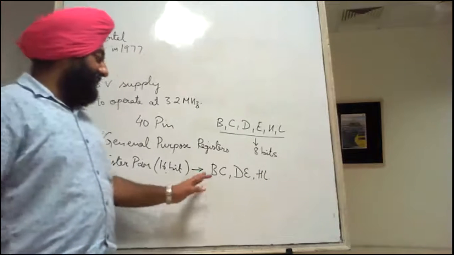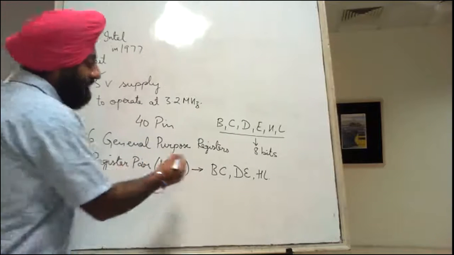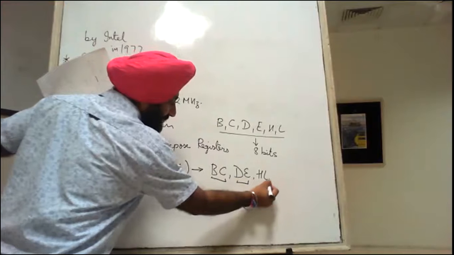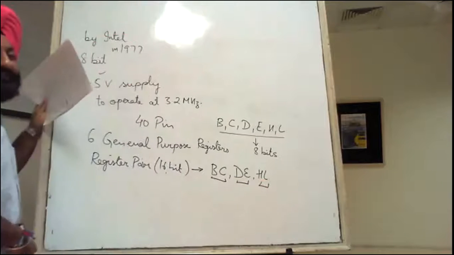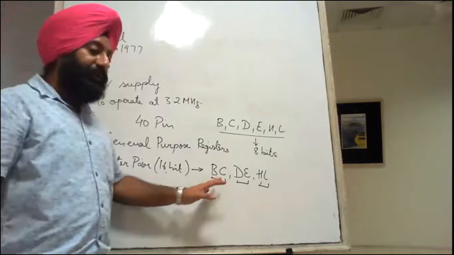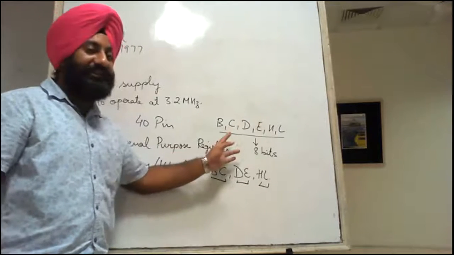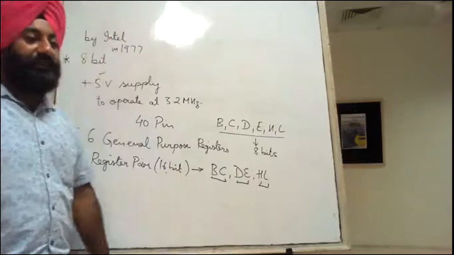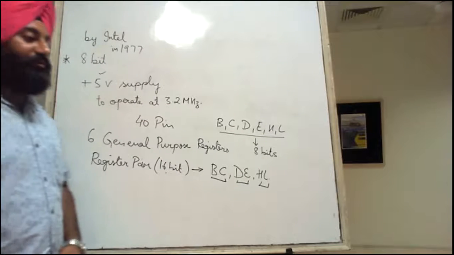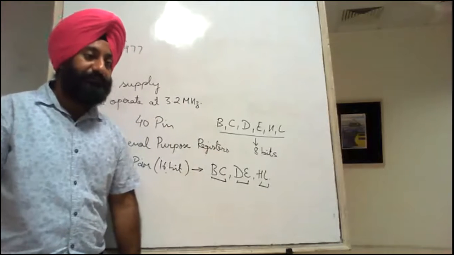So these are your 3 register pairs, each of 16 bits. We are going to use all these register pairs and general registers in our programs, where we move the data in between the instructions.